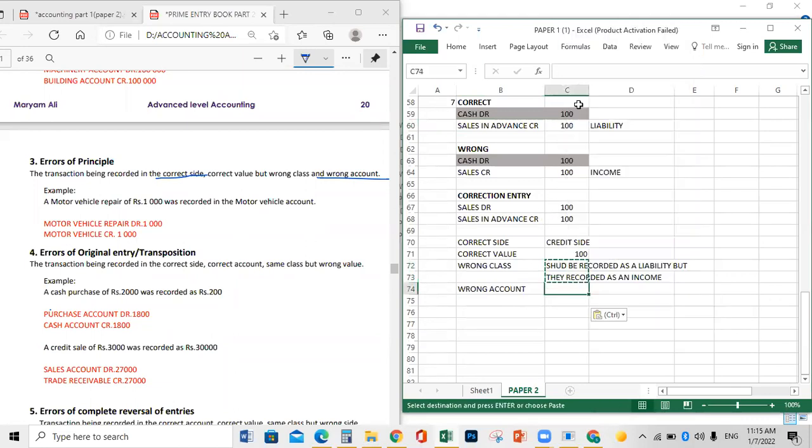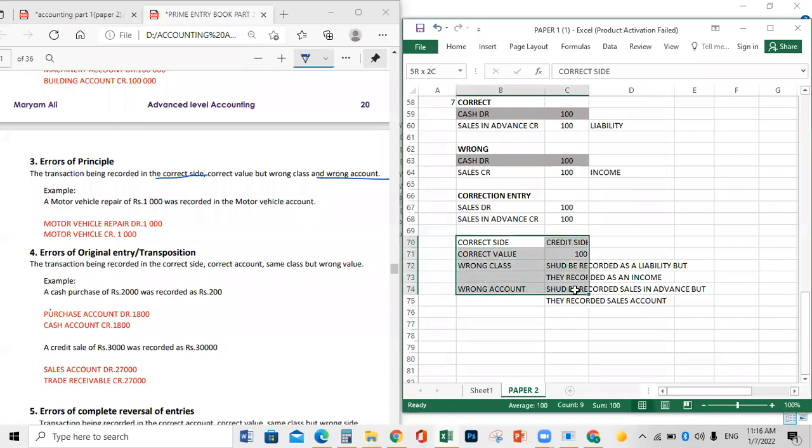They recorded it in the wrong account. It should be recorded in the sales in advance account, but they have recorded it in the sales account.